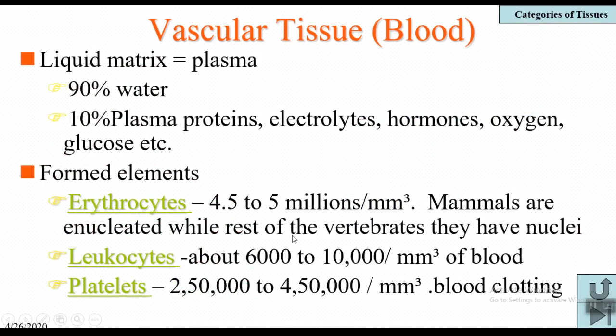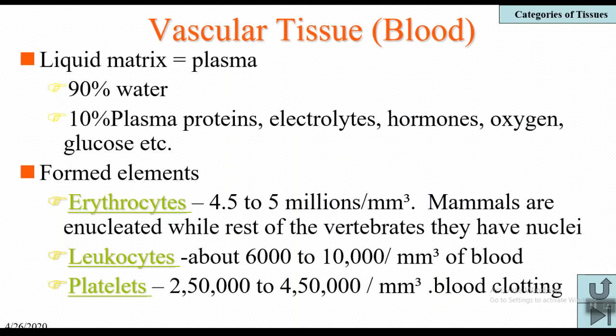They count for 4.5 to 5 million per cubic millimeter of blood. Almost all vertebrates except mammals have nuclei. Mammals have enucleated erythrocytes, meaning in the erythrocytes of mammals the nucleus is absent. There are some exceptions, llamas and camels.